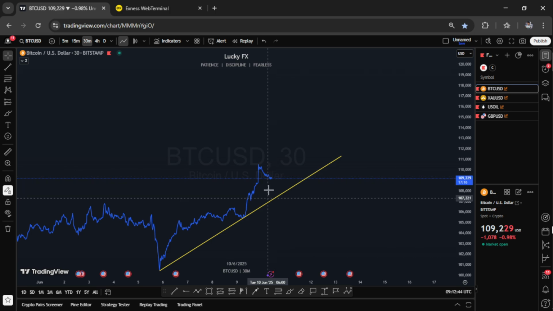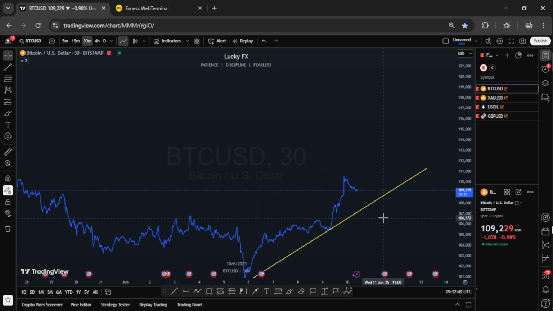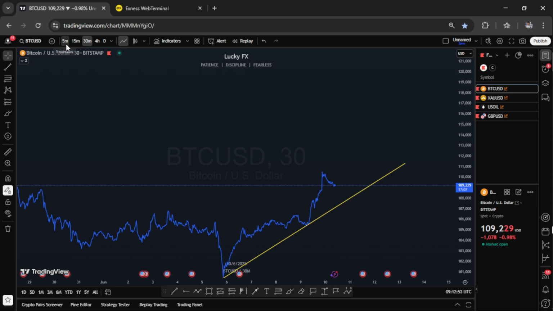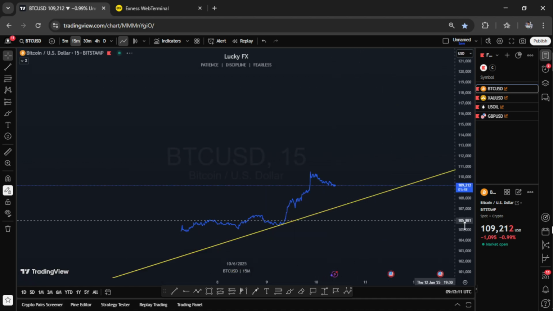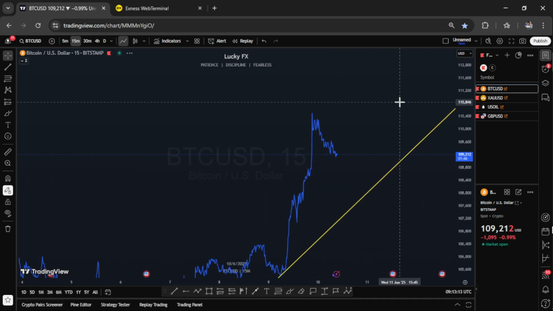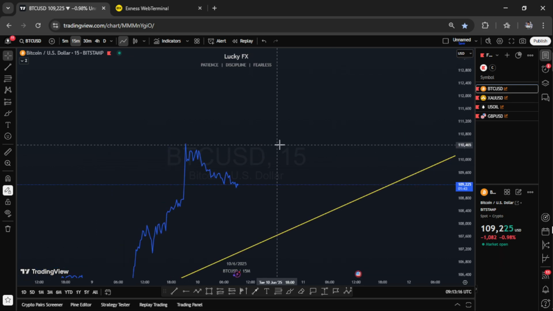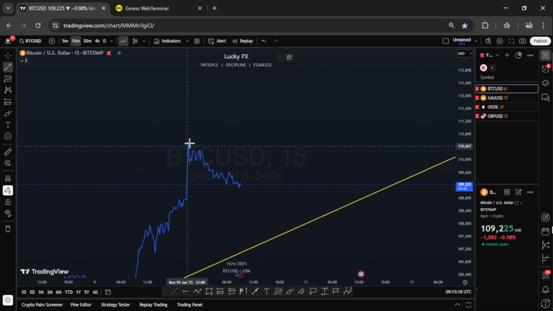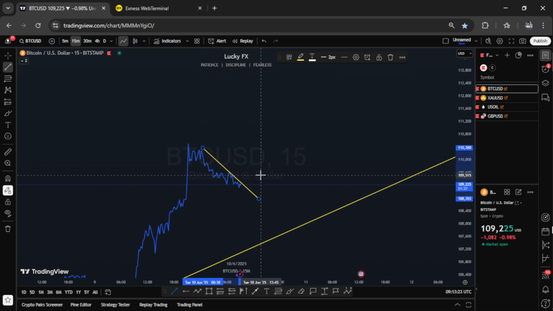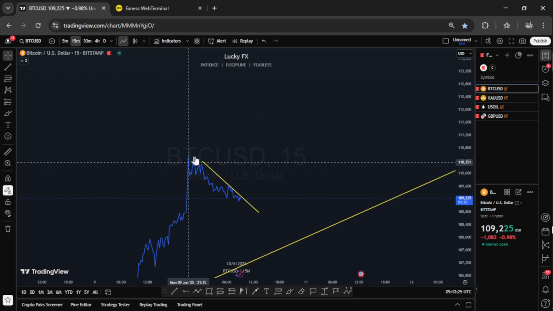testing this, respecting this trend line, and then bouncing off this trend line, right? And if I should go lower to the time frame, 50 minutes time frame, what am I expecting in the 50 minutes time frame when using price action? Okay, so I just need to draw a trend line, right? Because I don't want to stare and do nothing, right?